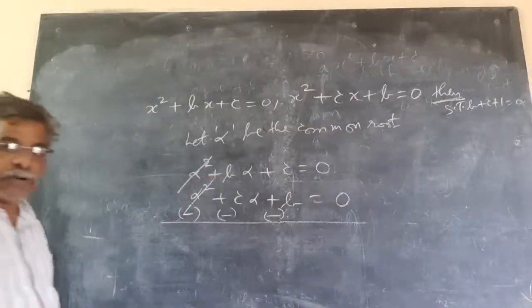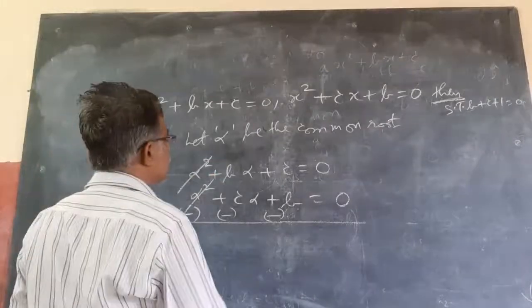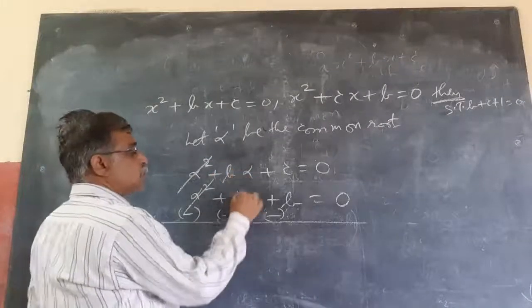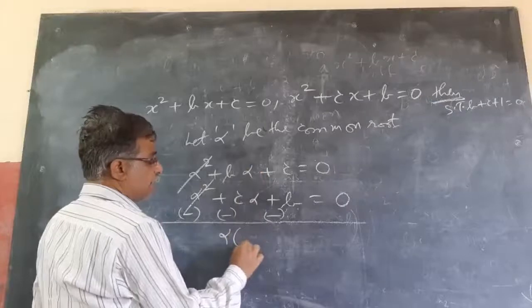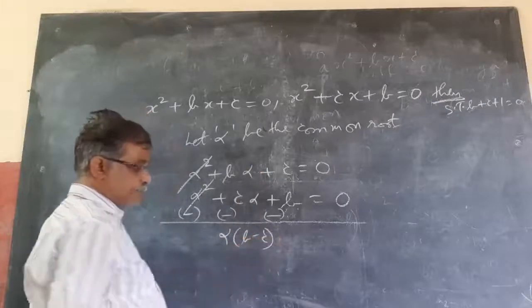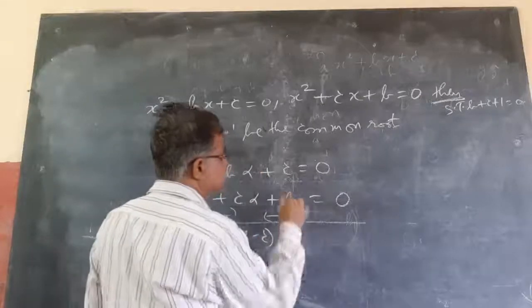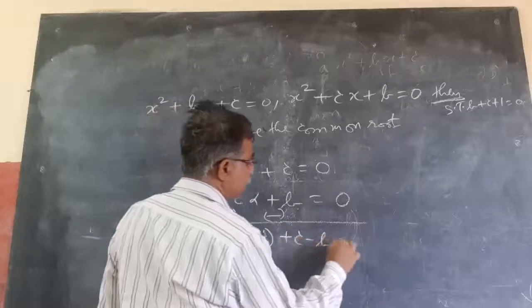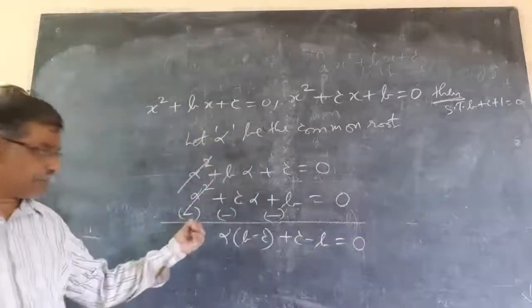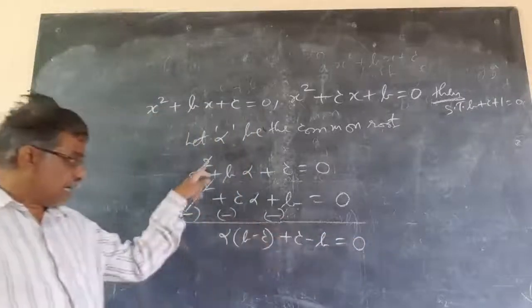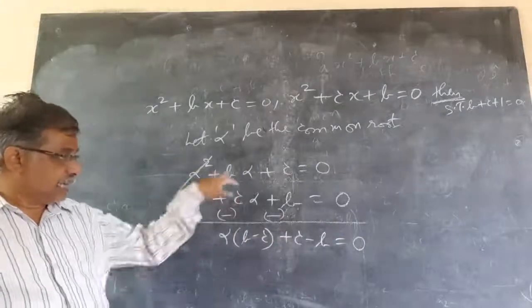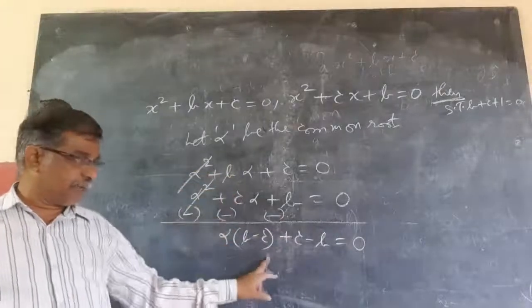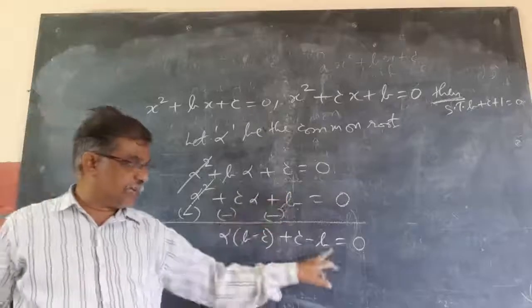Next, if I take alpha common, left out is b minus c, and this is c minus b as it is. As I am subtracting, I have changed the signs.